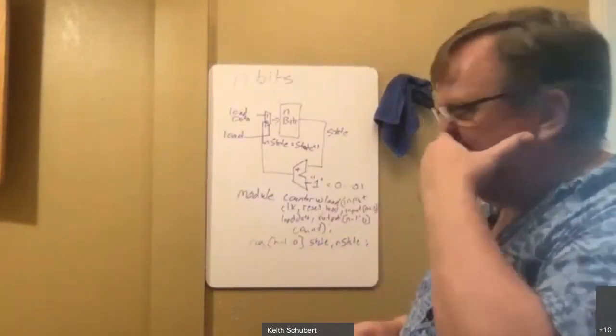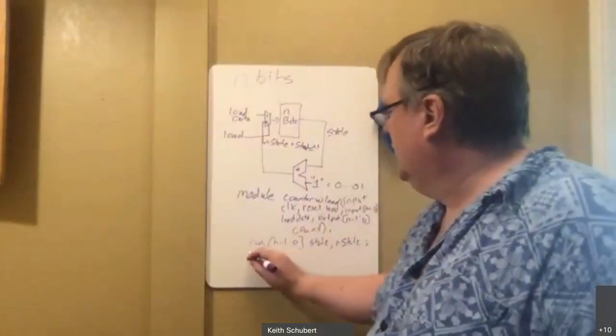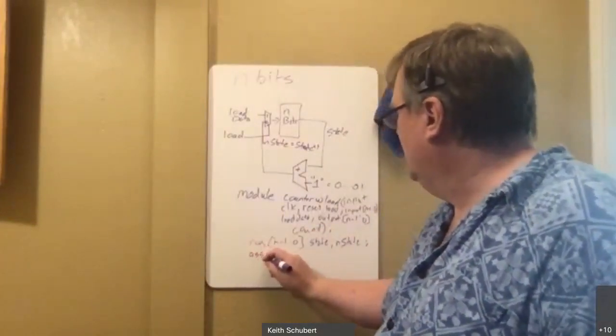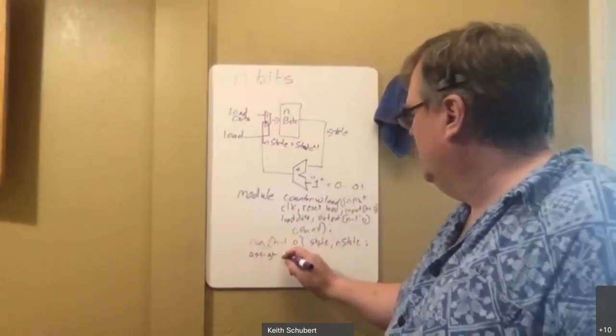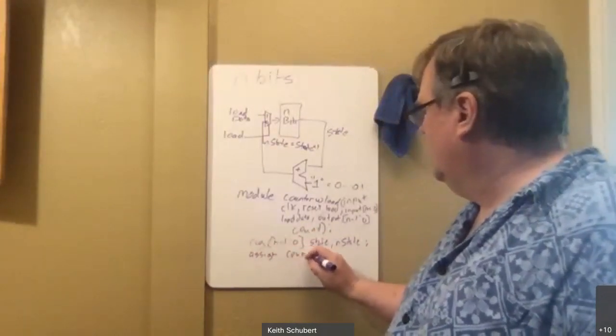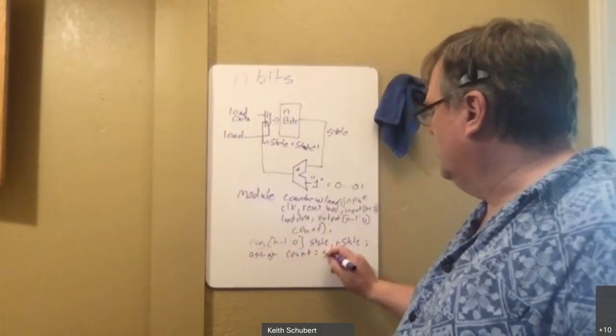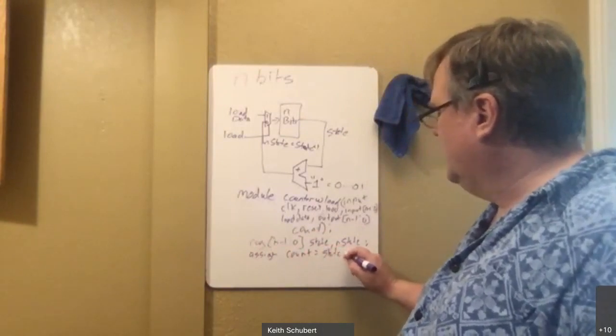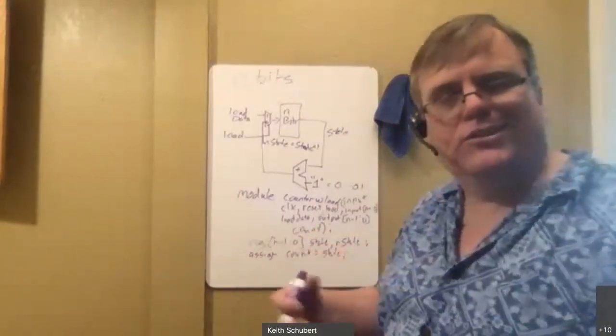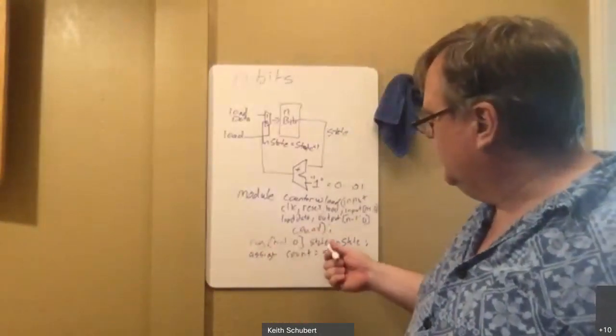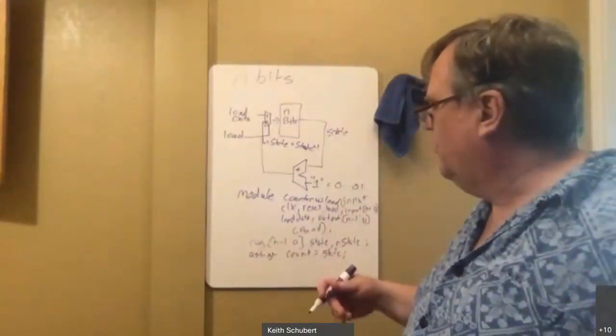And that takes care of it. And then I would just assign count to be equal to state. That just drives it so they're basically the same. It's making the names equivalent, but state is always viewable.